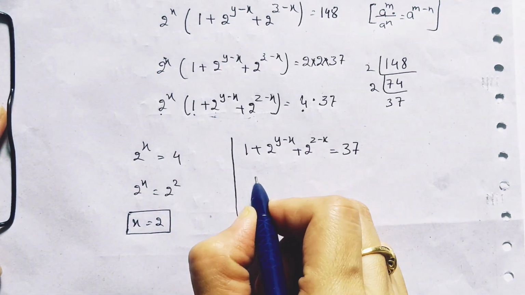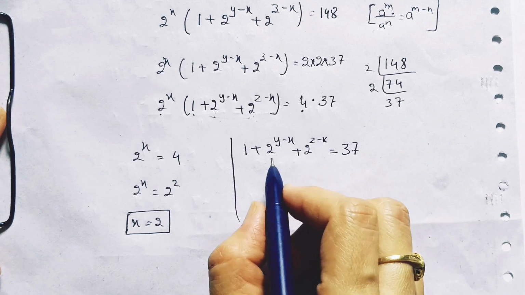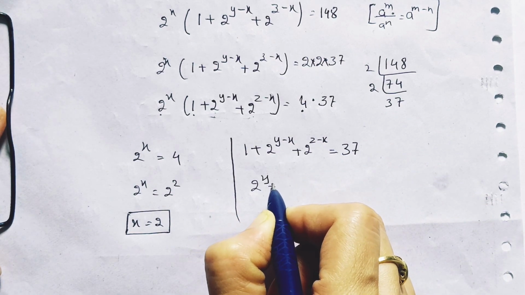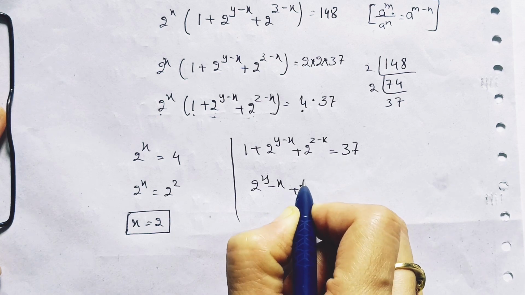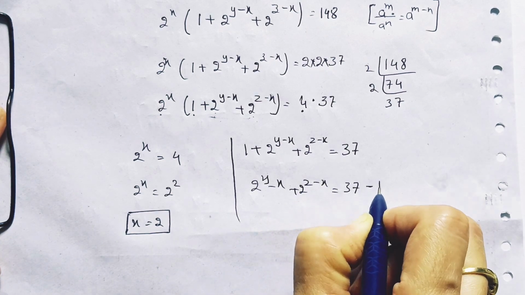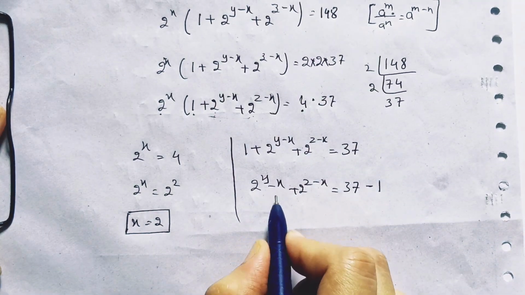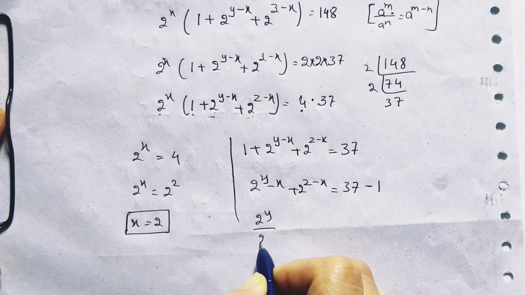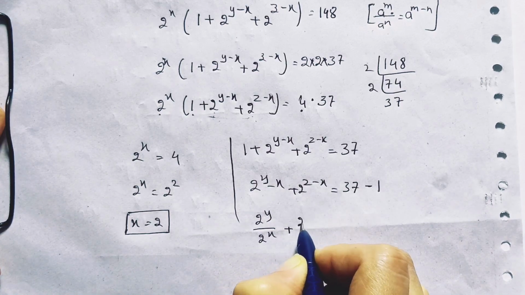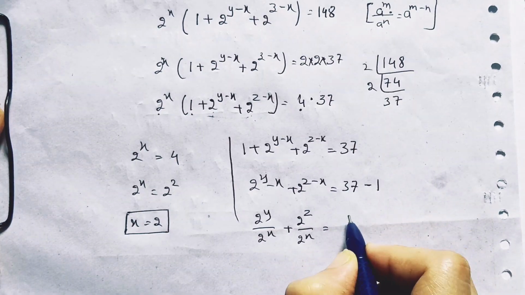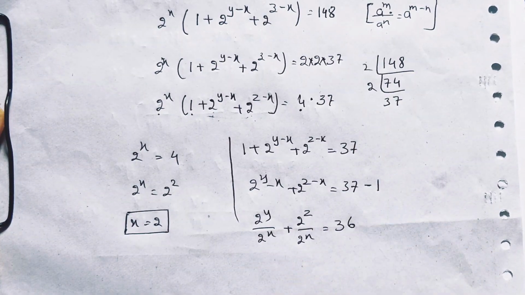Now this 1 I am sending to the other side. Then it becomes 2^(y-x) + 2^(z-x) equals 37 minus 1. Now I am going to write this as 2^y/2^x + 2^z/2^x equals 37 minus 1, which is 36.